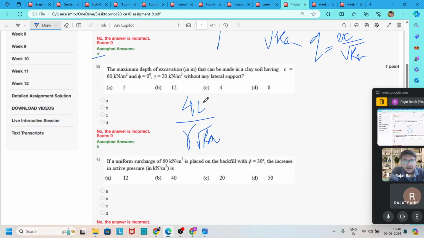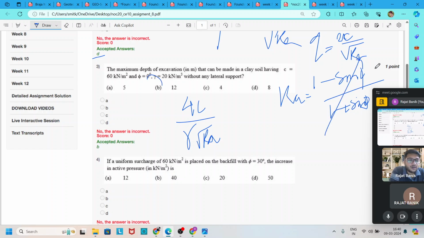Everything is given. We first have to find Ka, the active earth pressure coefficient. It is 1 minus sine phi divided by 1 plus sine phi. Here phi is equal to 0 degrees, so it becomes 1.